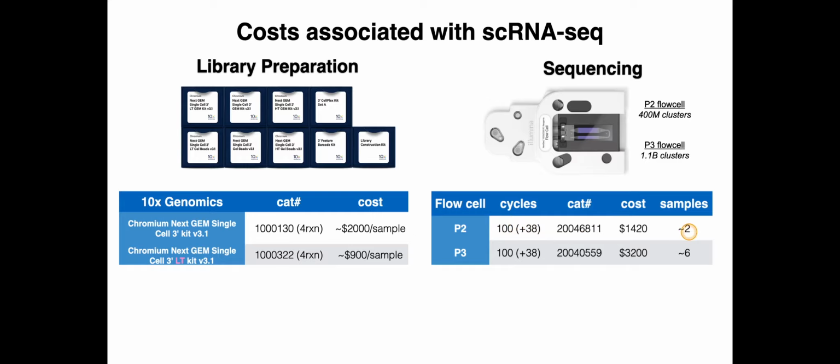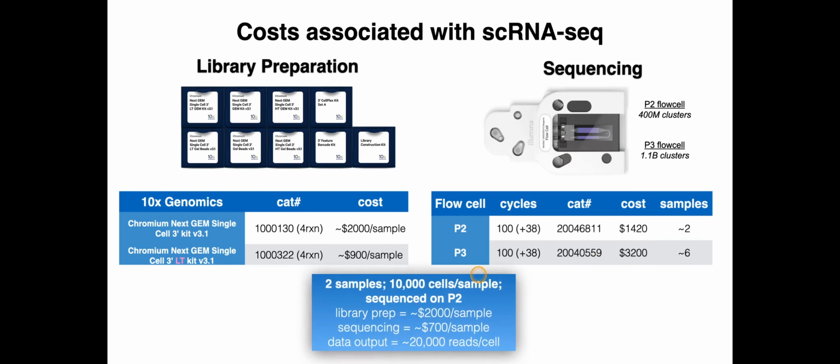And so those flow cells come at a fixed cost of $1,400 or approximately $3,200. Again, these are ballpark figures. Bottom line is, if you want to profile 2 samples at 10,000 cells per sample sequenced on this P2 flow cell, you'd be looking at about 20,000 reads per cell at a cost of close to $2,500 to $3,000 per sample.